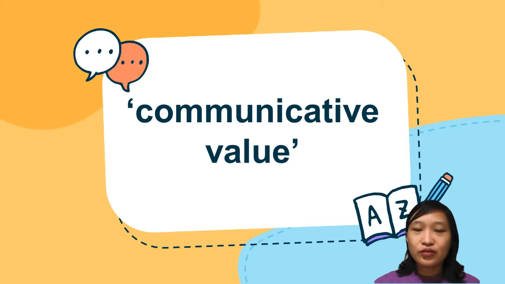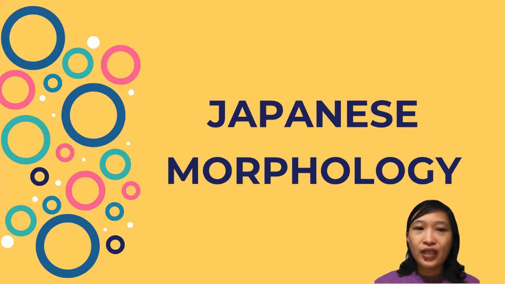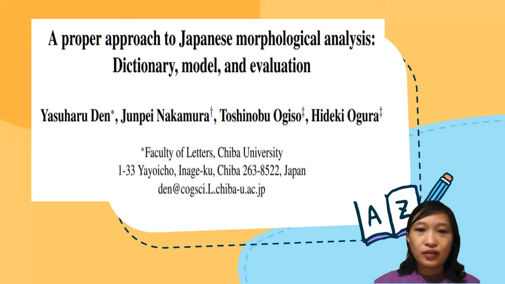So we go now to the morphological aspect of Japanese. According to this research study, Japanese words often have variation in orthography, and the vocabulary of Japanese consists of words of several different origins.